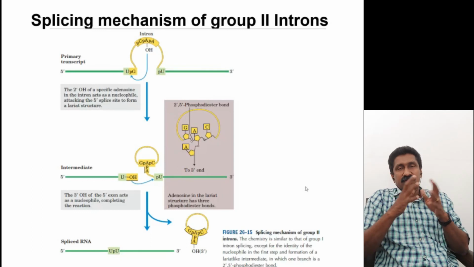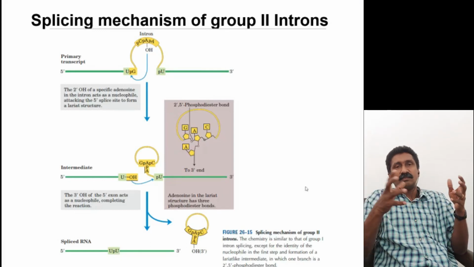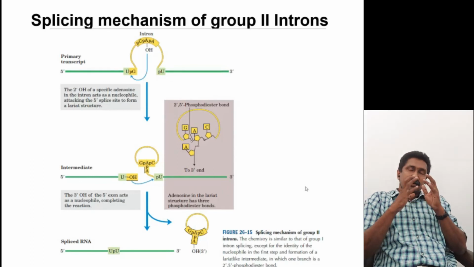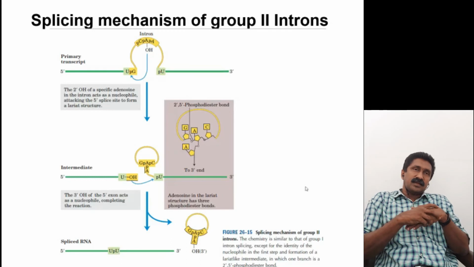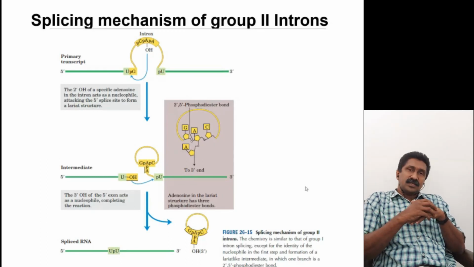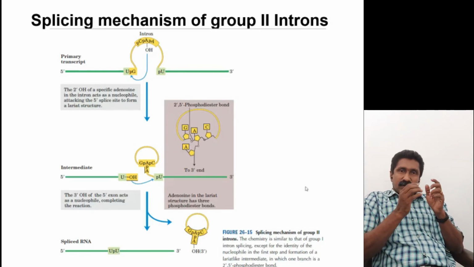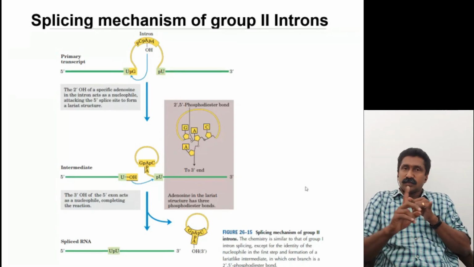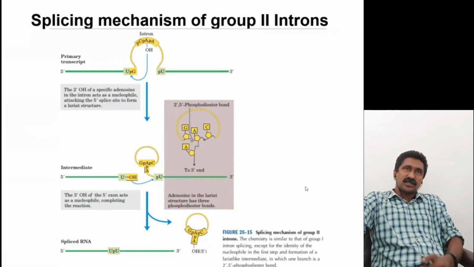Then it will be released, or the continuous strand of the RNA will be easily broken. That's why RNA is more unstable than DNA molecules. So in the RNA molecule, we have the ribose sugar with 2' OH, and that 2' OH is always present in all the nucleotide residues used in RNA.